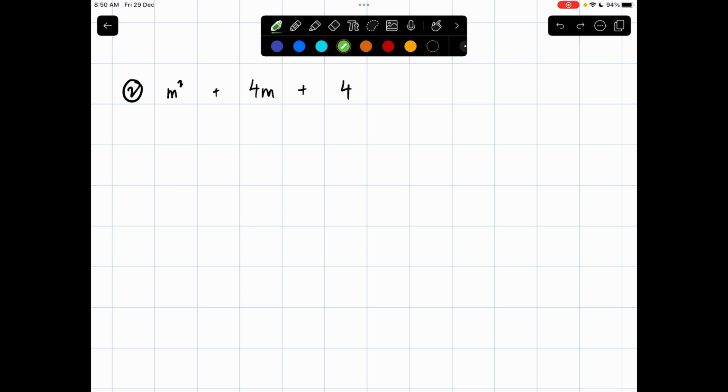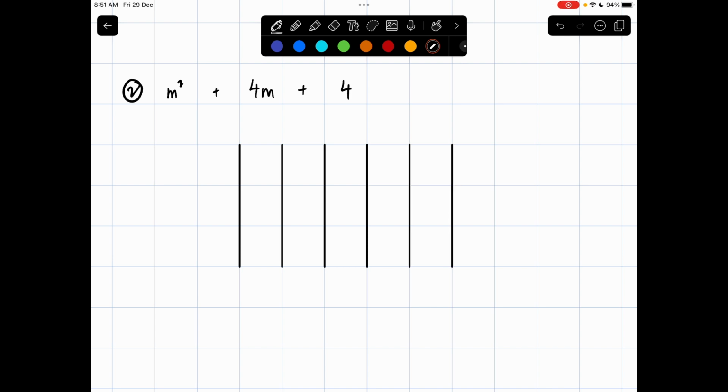So what happens is you have to have 3 columns. Since this is the first time you're ever trying it, let's make it proper. Once you're used to it, you can skip a few steps. So this is the first column. This is the second column. And this is the third column. Alright.